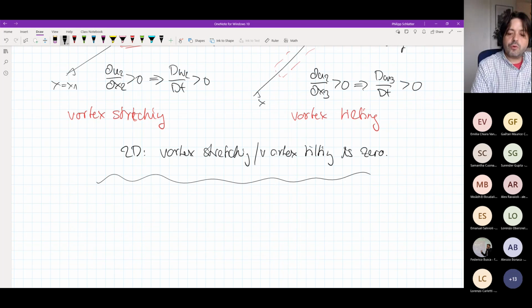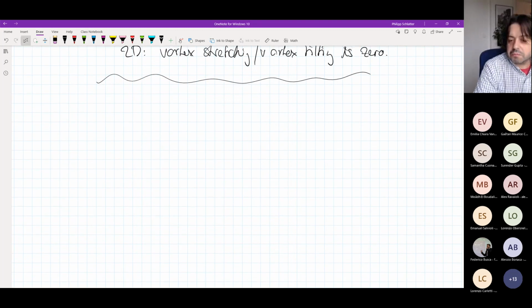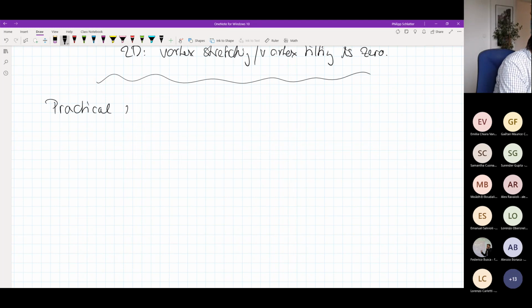Now I would like to move to two examples where we can use the vorticity transport equation, to understand how we can use it. I'd like to call this practical examples. It's two examples that I would like to make.